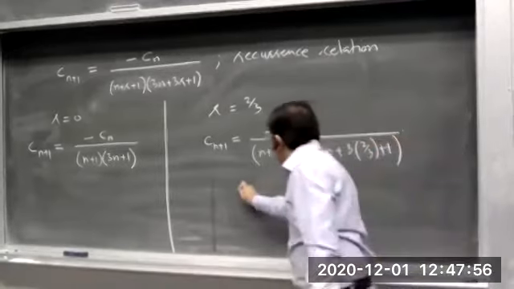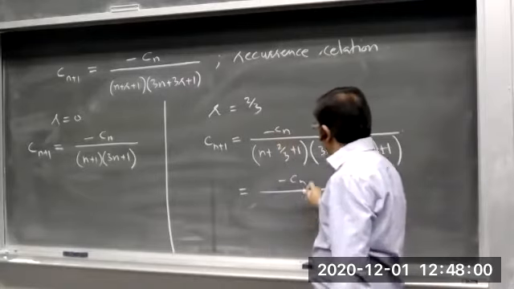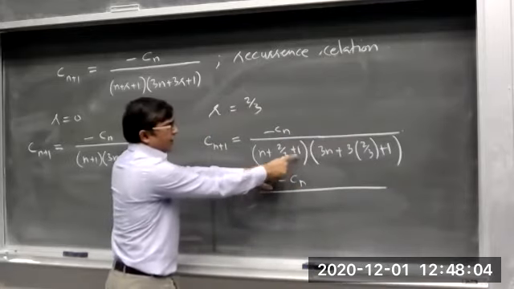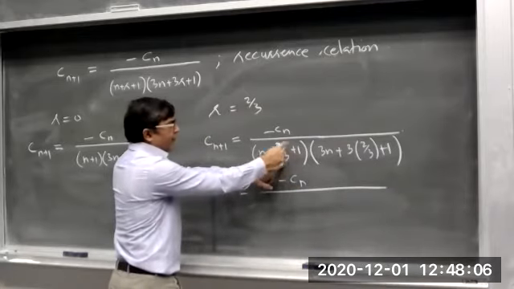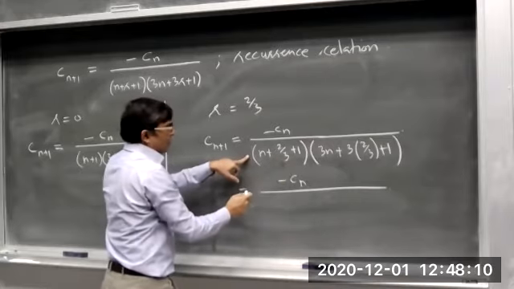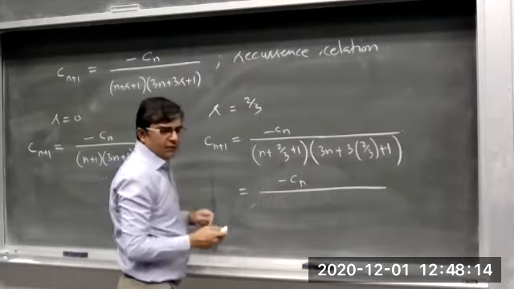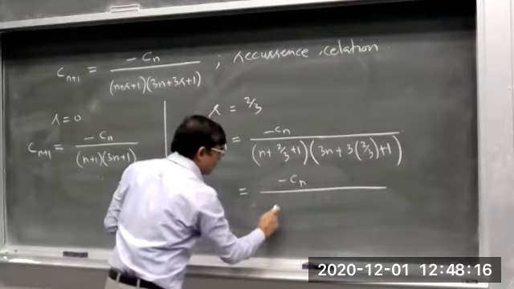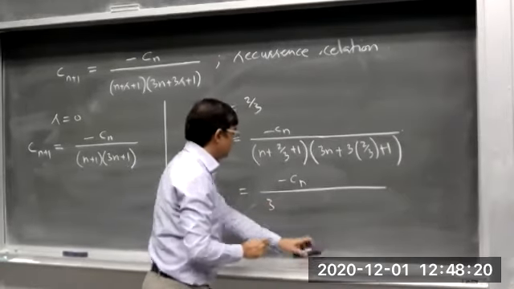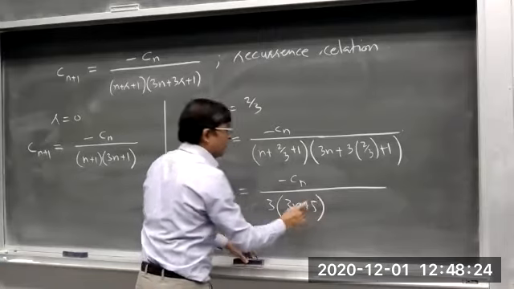So from here, what we obtain, negative Cn whole divided by, what will come here: 3 plus 1, 3 into 1, 3, 5 by 3. If we take 3 common, then you will have 3n plus 5. So it is 3 times (3n plus 5).